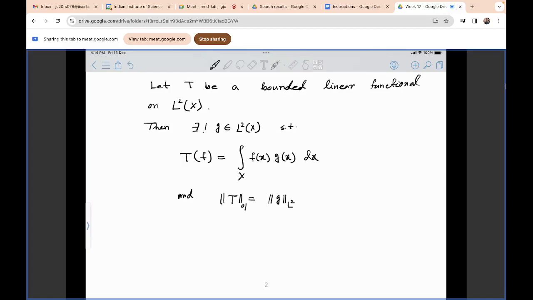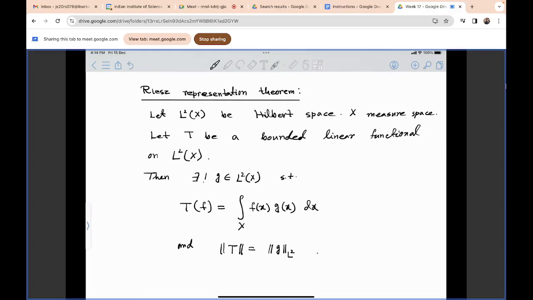So this is the operator, or functional, norm, and this is the L2 norm of g. Using this, we will calculate the norm of T, the bounded linear functional.